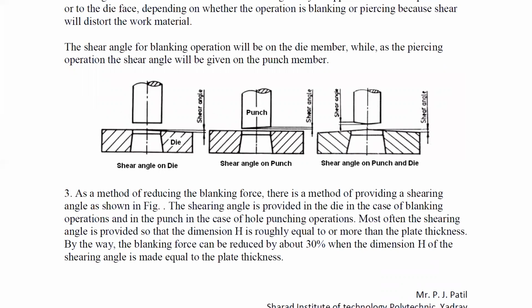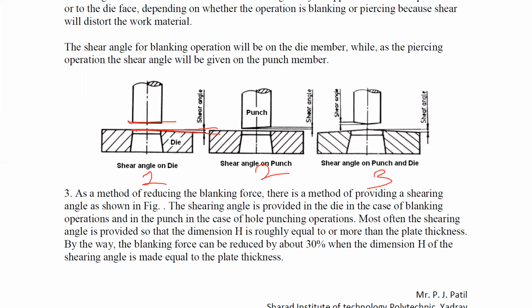In the first case, there is no shear angle; the surface of the punch is exactly horizontal and flat. But in the case of the die, a small shear angle has been provided on the surface. The grinding has been carried out in order to get the shear angle.